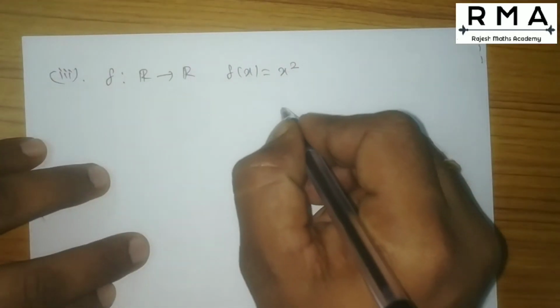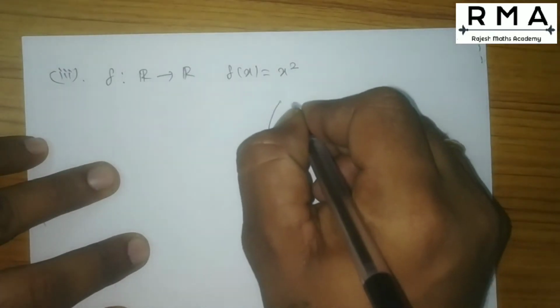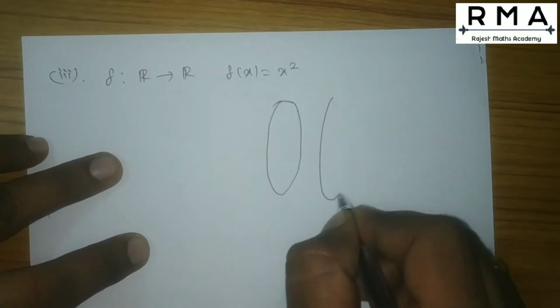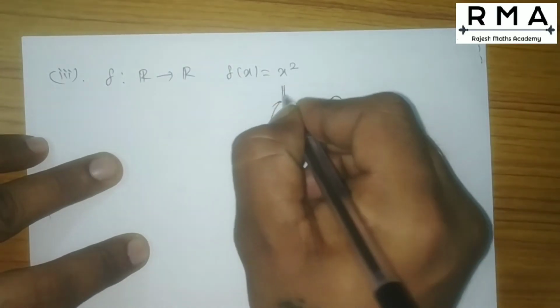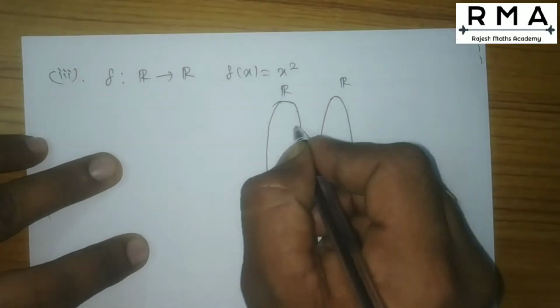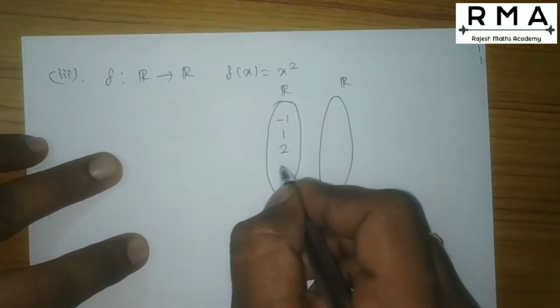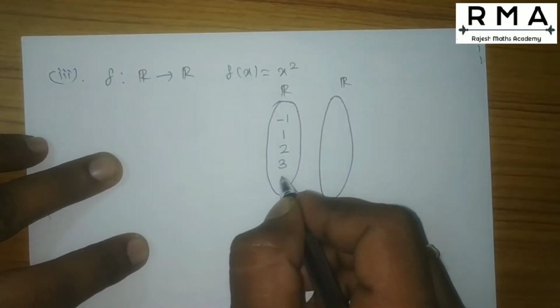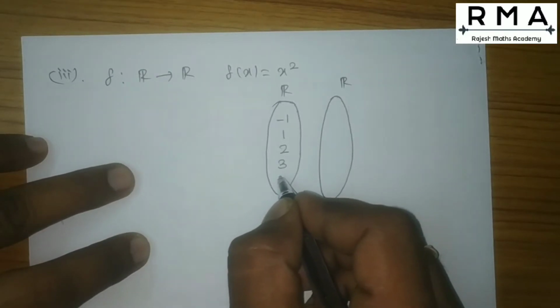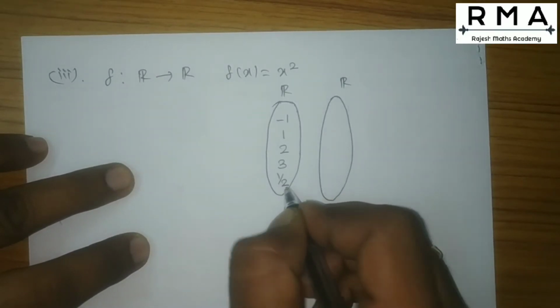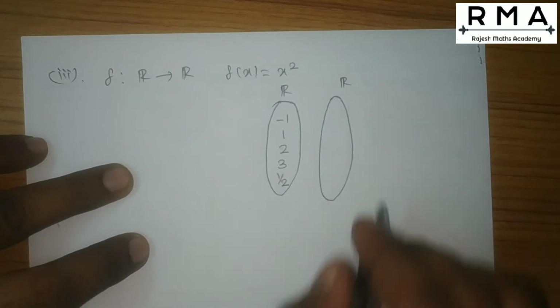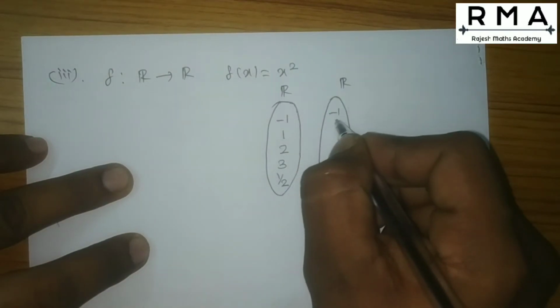Real number set: real numbers means all the fractions will come, roots also will come. See that this is a real number, this is also a real number. Same -1, 1, 2, 3. For example, one more is a rational number, so in real numbers we can take rational numbers also. Similarly, I can take -1.